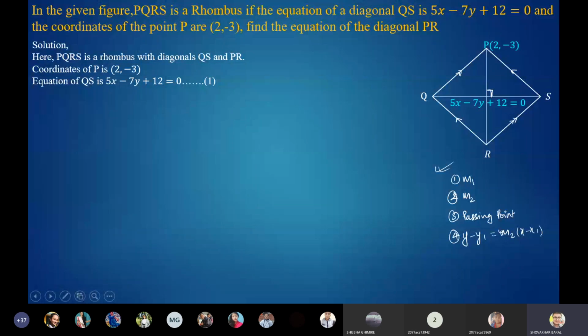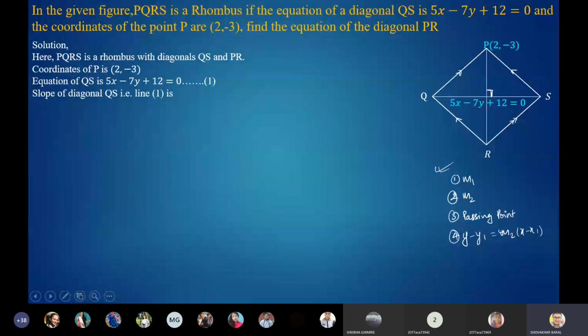Please go through that. The equation of QS is 5x minus 7y plus 12 equals 0. This is equation number 1. So our main step is to find the value of m1 and then m2, and then writing the passing point as x1, y1, and writing the equation as y minus y1 equals m2 times x minus x1.